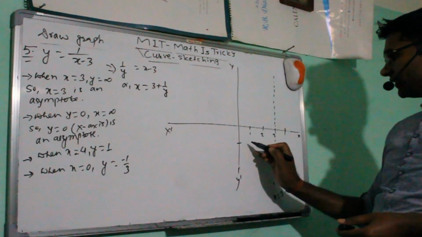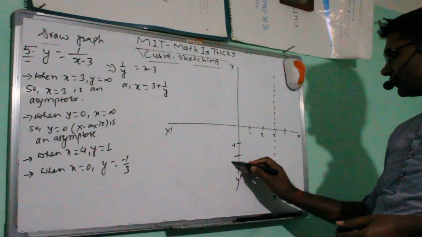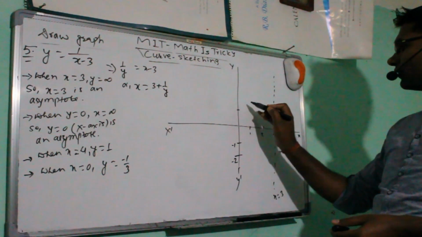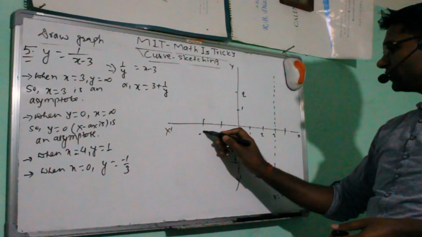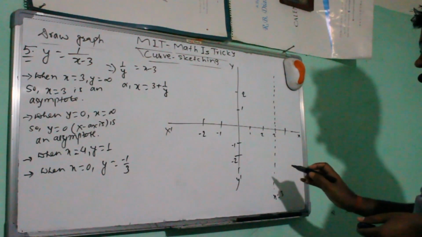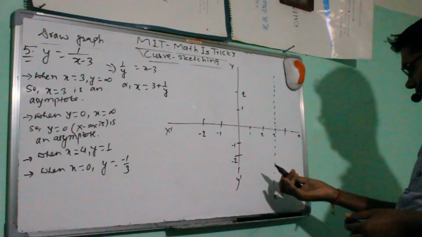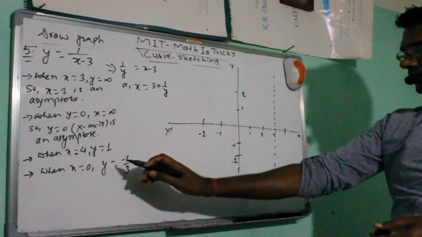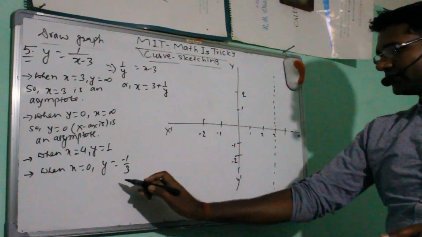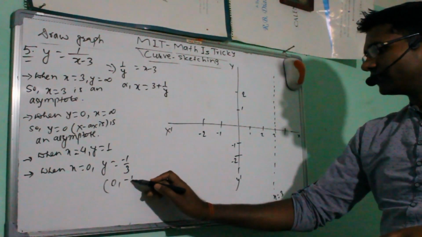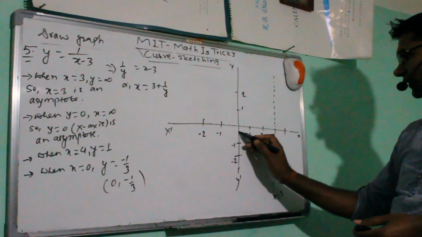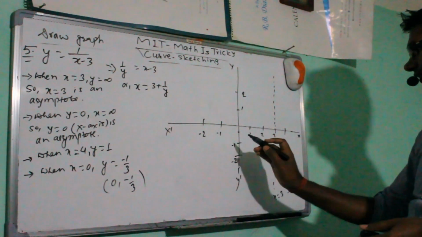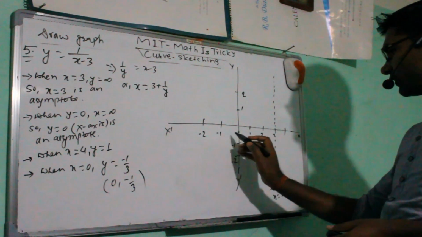So if it is here minus 1, minus 2, 1, 2, 1, 2, minus 1, minus 2, we can write it. We can check x equals 0, y equals 3 means it is 0, minus 1 by 3, which is, so half and then 1/3 I think here. So this is the asymptote.